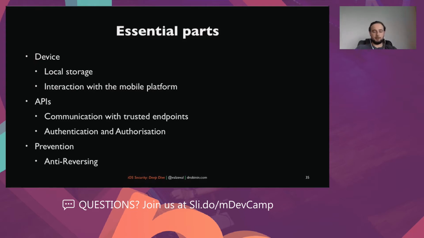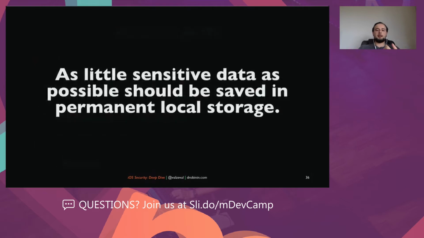And if you follow closely the whole direction, the whole idea of the OWASP guide, you can see that the main concept is that as little sensitive data as possible should be saved in permanent local storage. And if you do save something there, you have to protect it as much as possible.